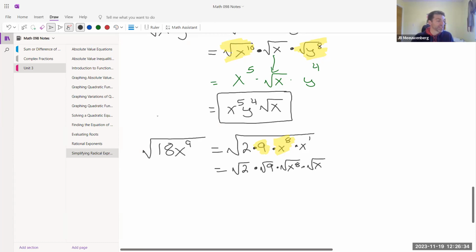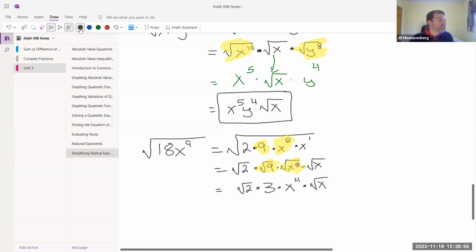So it's all 4 of these individuals. I'm going to take the square root of the 2 perfect squares. So that's going to be 3 and x to the what? Cut it in half, 4th. And then these two just stay in their radicals.